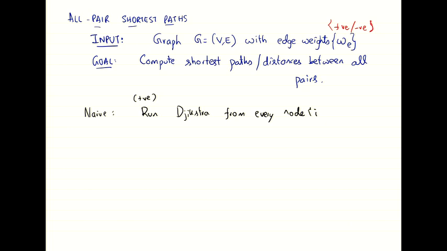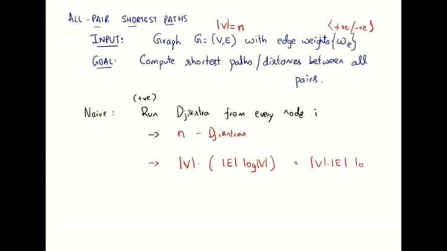Suppose the size of the vertex set is n. So you have n vertices, and so you have n Dijkstra's algorithm runs. The runtime would be the cardinality of V times the runtime of Dijkstra, which is E log V. So that's V E log V.